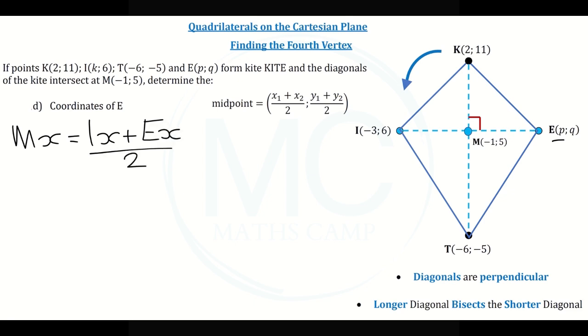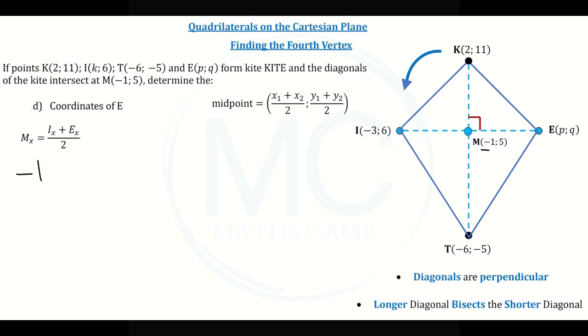all over 2. The x-coordinate of point M, -1, is equal to the x-coordinate of point I, -3, plus the x-coordinate of E, let's leave it as ex, all over 2.